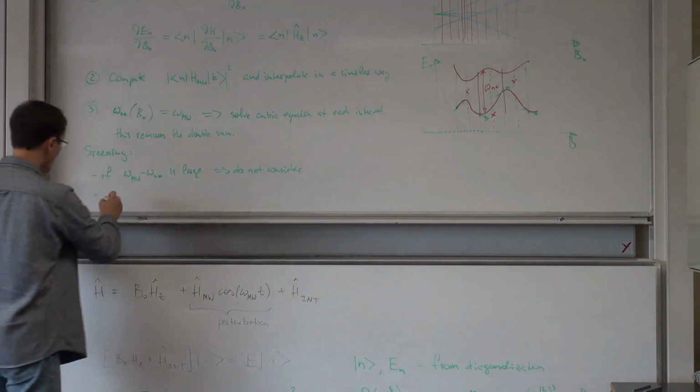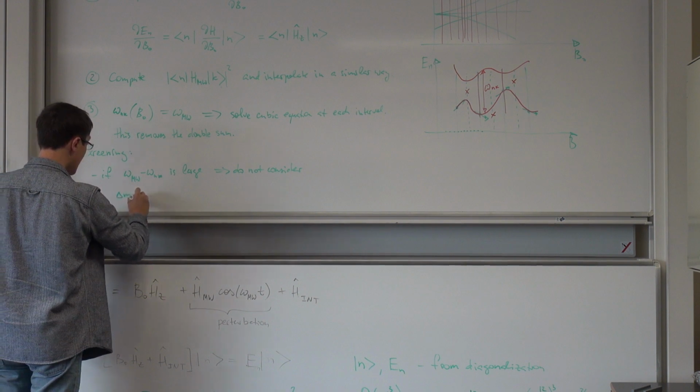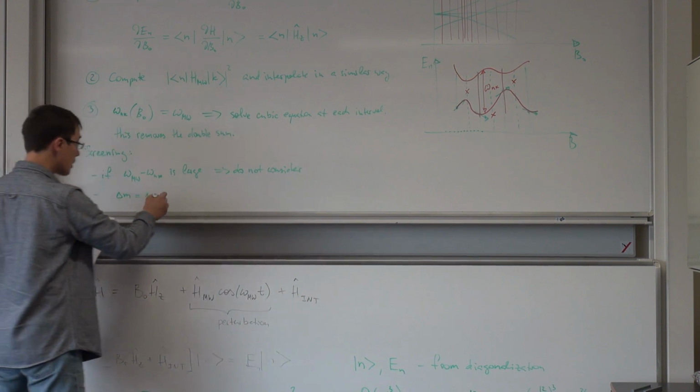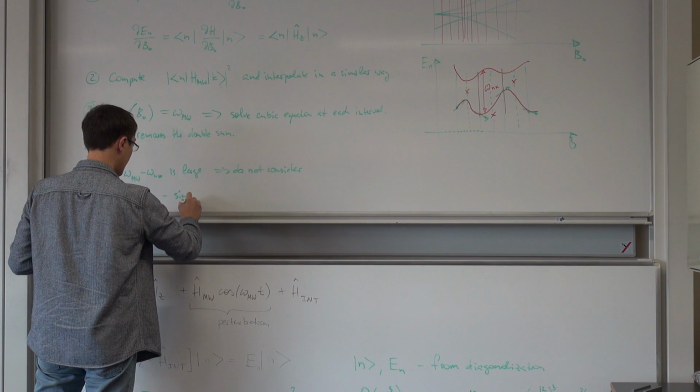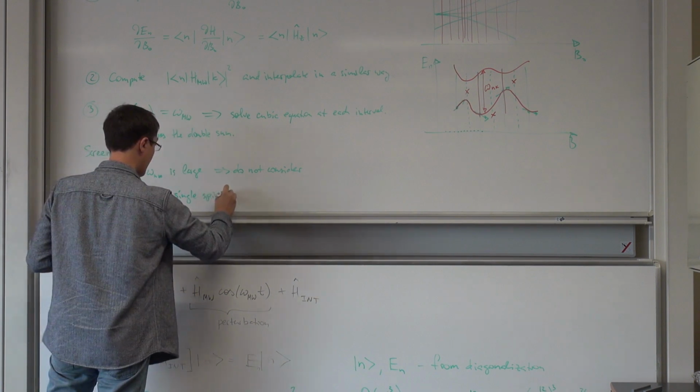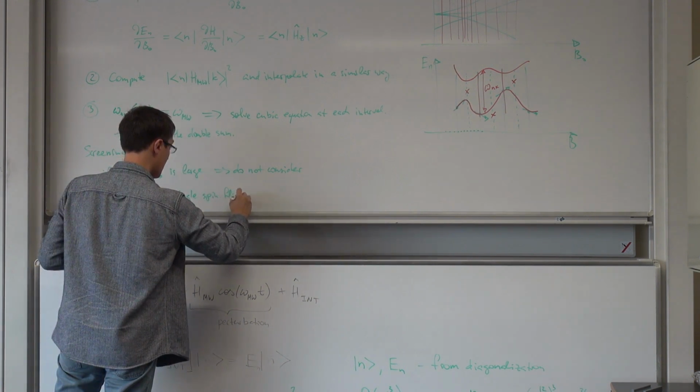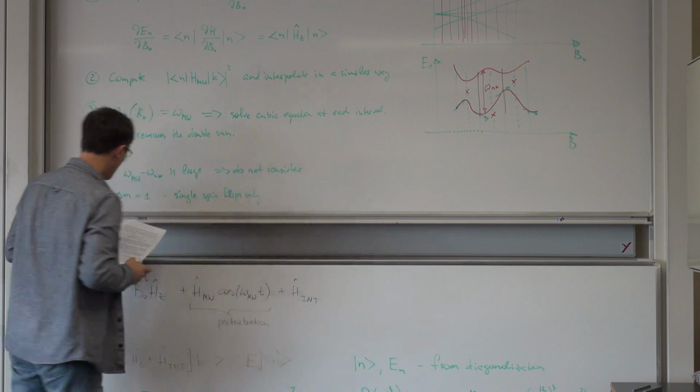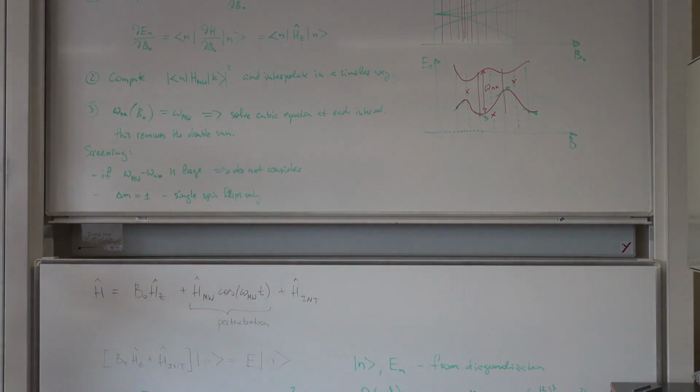And so we only need delta m equals 1, so single spin flip transitions only. That eliminates a lot of level pairs from consideration, so we don't even need to think about them. So that shaves off a certain constant factor.